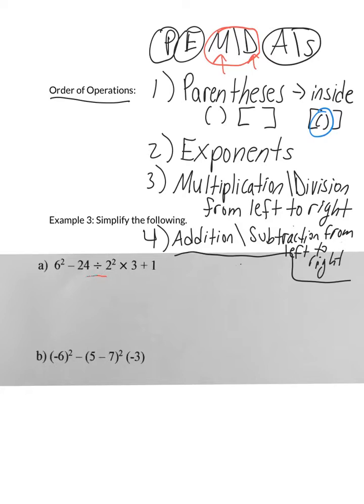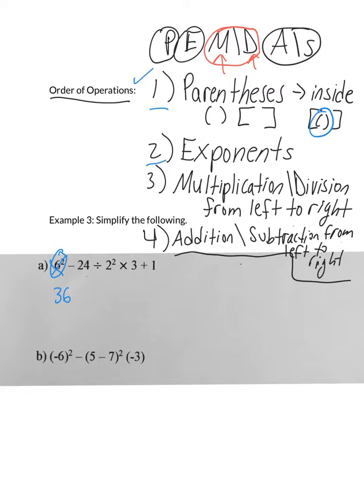We said step 1, parentheses. We do not see any parentheses as I skim example A from left to right, so step 1 is already done. No parentheses to worry about. So I'm on to step 2, which is exponents. I do have a couple of exponents. Going from left to right, skimming that question again, the first exponent I encounter is 6 squared. When I do 6 squared, or 6 raised to the second power, 6 times 6 would of course be 36.